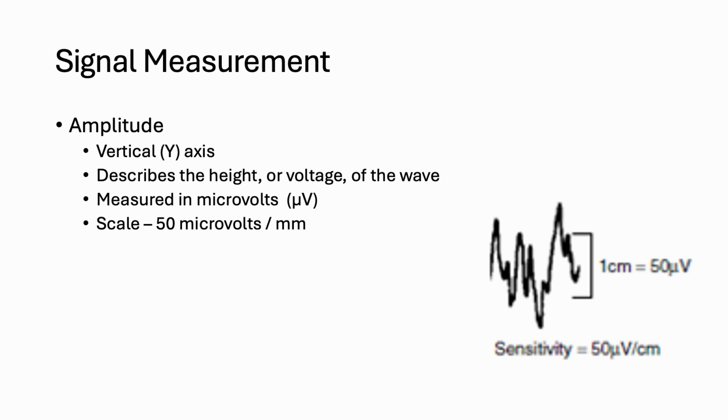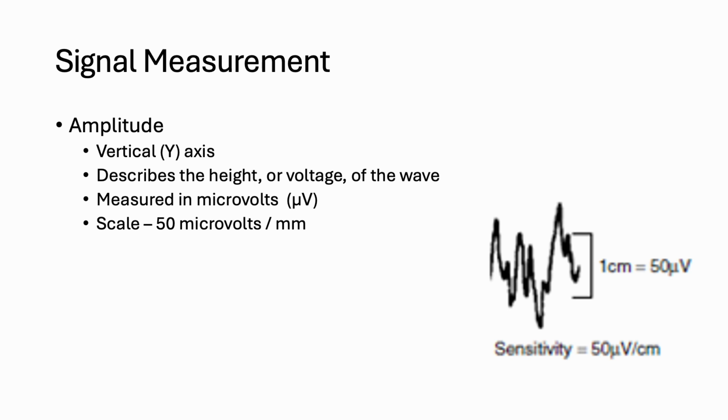Amplitude measures the height or voltage of a wave, and it's represented on the vertical, up and down, or y-axis. In polysomnography, the actual voltages are so tiny that we measure them as microvolts, meaning a millionth of a volt, and are abbreviated as the Greek letter mu and a V. The scale of 50 microvolts per millimeter means that it takes a voltage signal of at least 50 microvolts to make the pin deflect 1 millimeter.